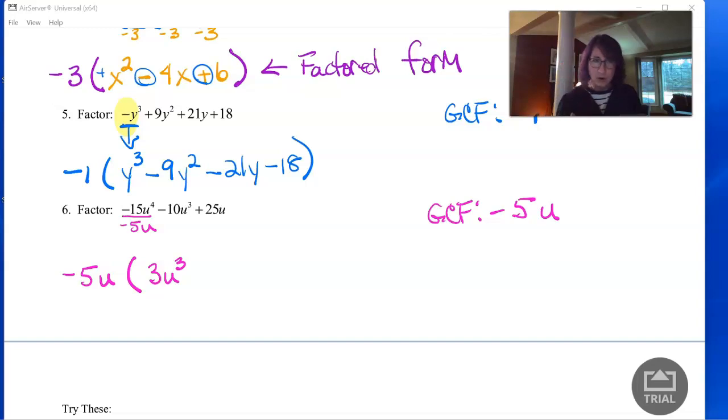Maybe you're a more visual learner and then you can see it. The next one, that -10u, we flip the sign. It's going to be a positive. When we divide by 5u, we're left with 2u squared. That positive 25u is going to be a negative term, as a matter of fact, a -5. There we go. That is now factored form.